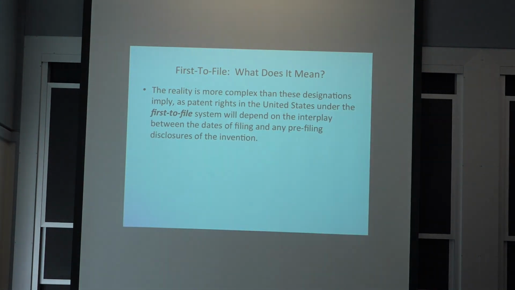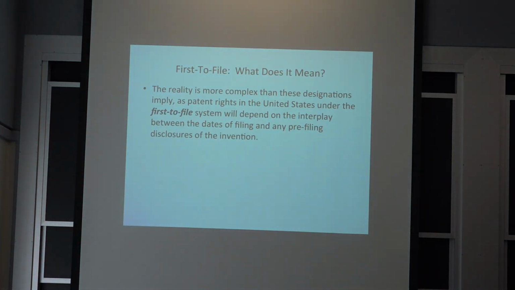First to file, though, doesn't mean first to file, which I suppose follows the usual maxim, that is, it depends when it comes to law. And the reason why first to file doesn't mean first to file is because Congress retained the grace period that we talked about last time for inventors.